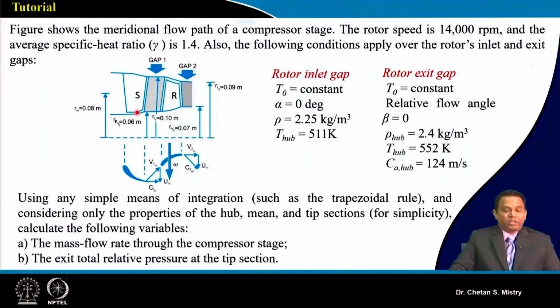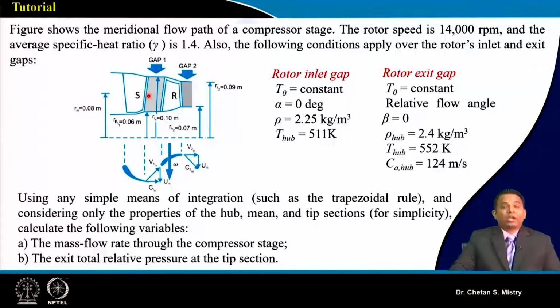These are the data given at the rotor entry gap and rotor exit gap. Using any simple means of integration, say the trapezoidal rule, and considering only the properties of hub, mean and tip section for simplicity, calculate the following variables: first, the mass flow rate through the compressor stage, and second, the exit total relative pressure at the tip section.